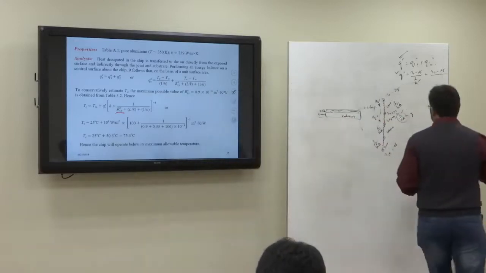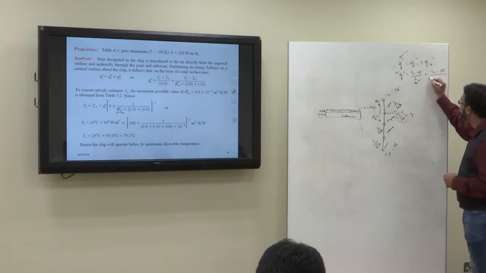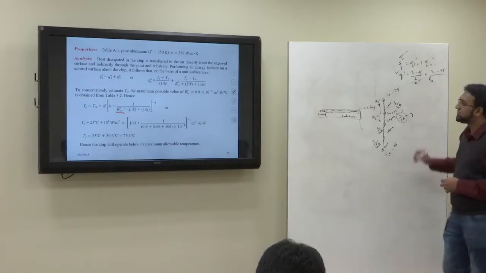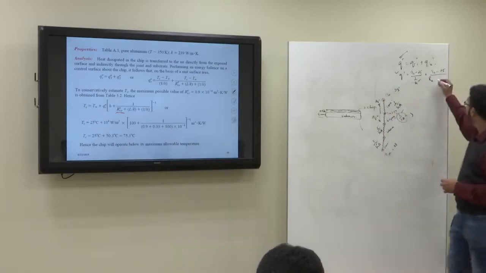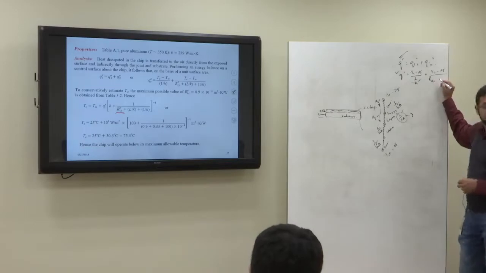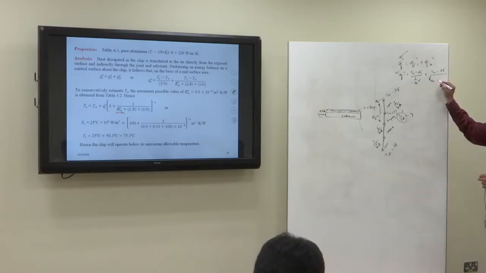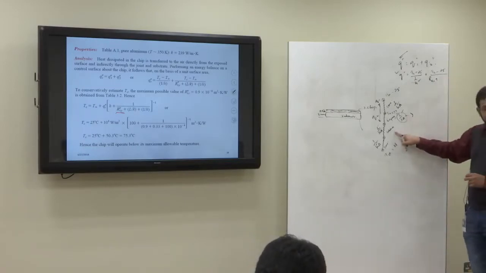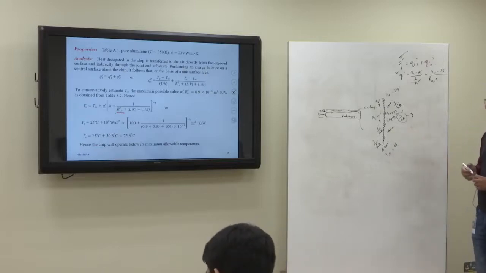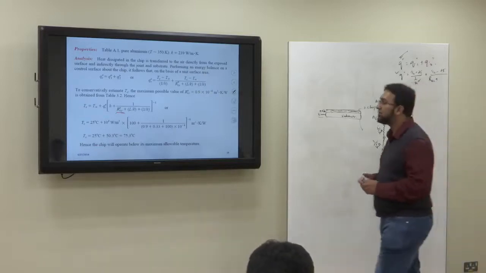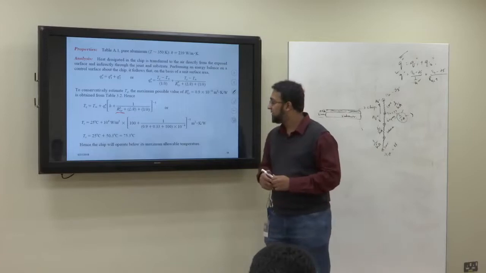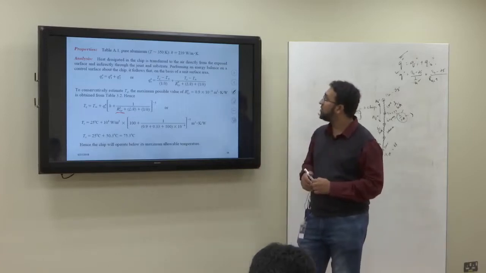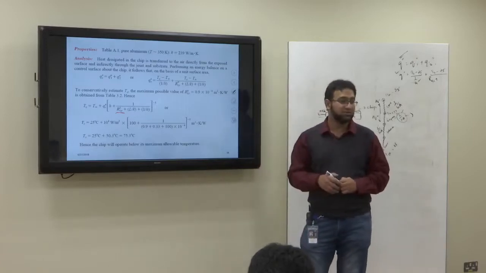So this resistance is there, RTC, the value directly given. Plus, for the substrate, we have L upon KA, where the value of K you have to get from the appendix.